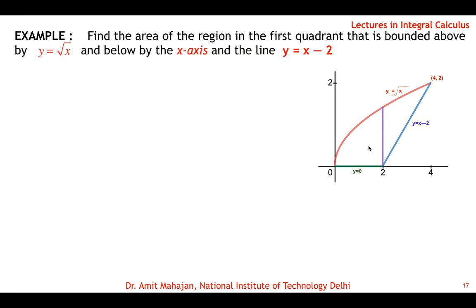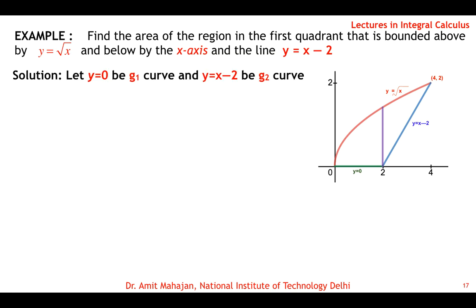Okay, so we can divide or find the area by calculating two integrals, integral from 0 to 2 of f(x) minus g1(x), where g1 is y equal to 0, and plus the area of this region which is integral from 2 to 4 of f(x) minus g(x) dx, where f(x) is root x and g(x) will be x minus 2.